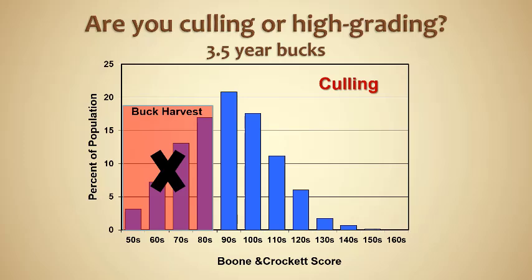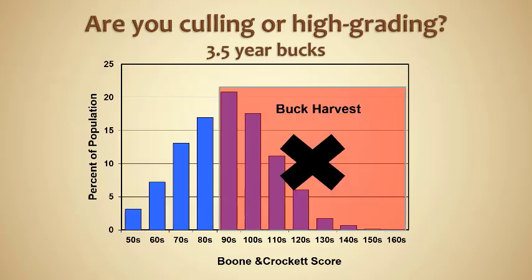Well, in fact, that would be culling, because again, remember, we're removing the lesser quality individuals within that population. And how about for this example? So now we're removing all of the bucks that score 90 inches or greater out of the 3.5-year-old buck population. Is that culling or is that high grading? Well, of course, that's high grading. You have taken the best and you've left the rest.